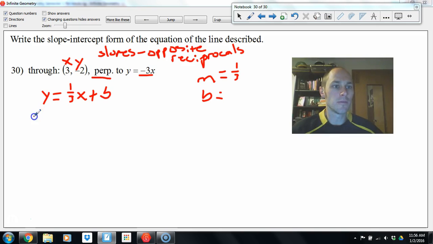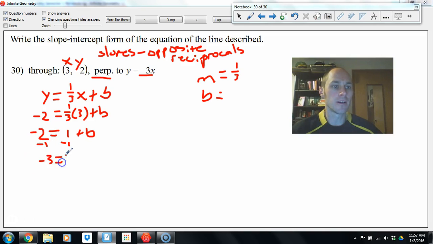So y is negative 2, x is 3. Substitute those in there and solve for b. So 1/3 times 3 is 1. And if we solve for b, we subtract the 1, we get negative 3 as our b value. So y equals 1/3 x minus 3.